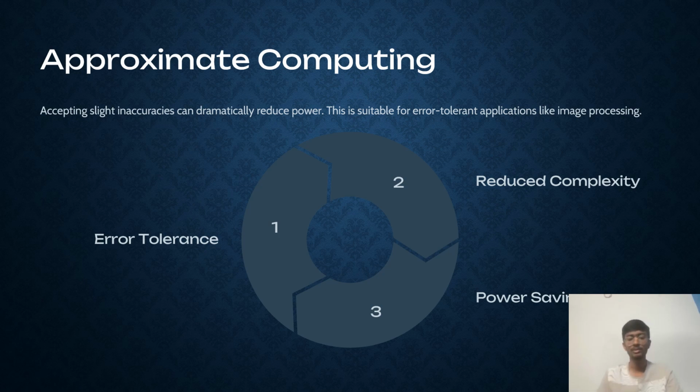Reducing complexity refers to the process of simplifying a system, model, or problem to make it easier to understand, analyze, or solve. Third, power saving. Power saving refers to the practice of reducing energy consumption in a device or system, or minimizing electricity use and prolonging battery life.